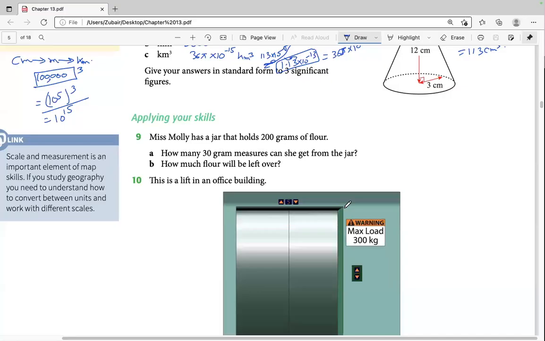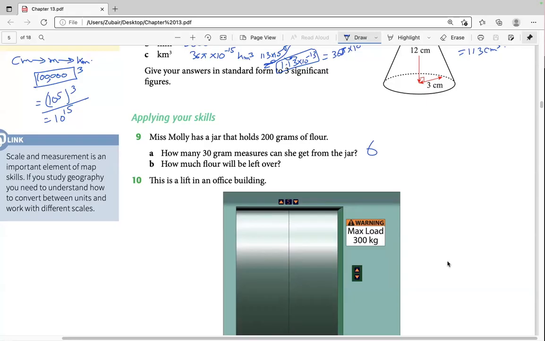Applying your skills, Miss Molly has a jar that holds 200 grams of flour. How many 30-gram measures can she get from the jar? So it's 200 divided by 30. I'm getting 6.6. My answer is 6.